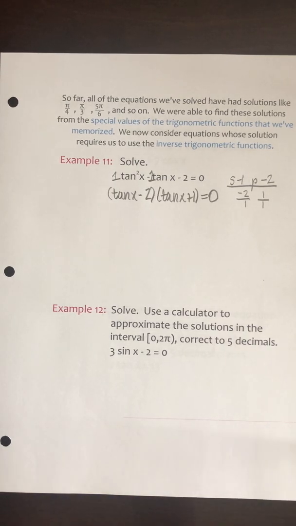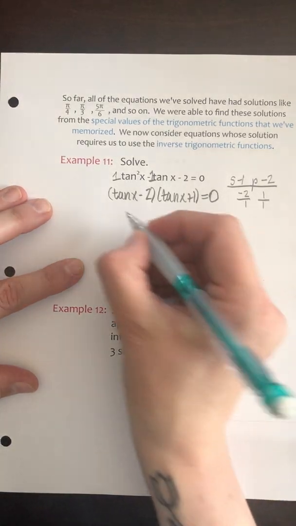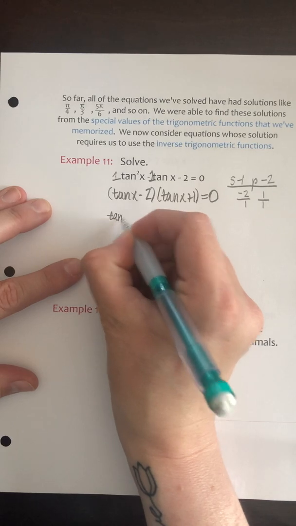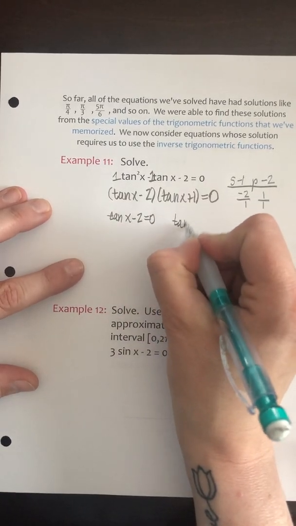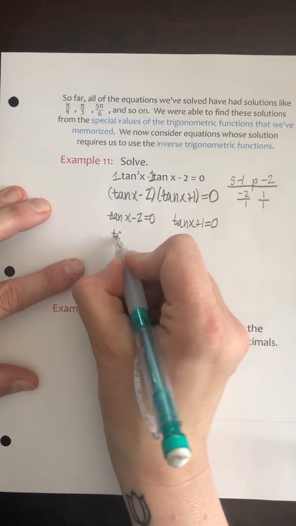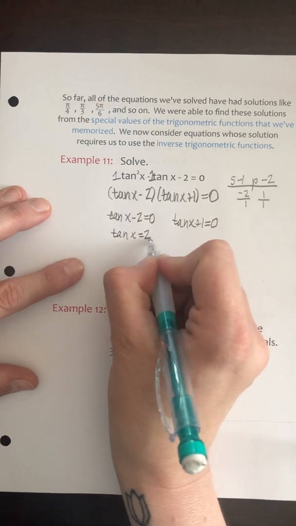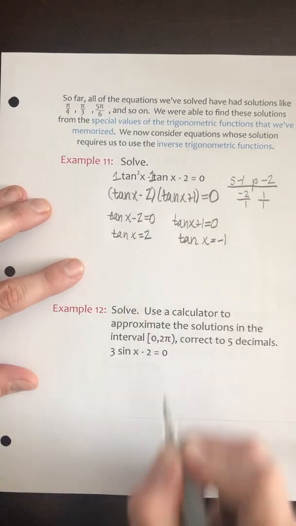If you feel comfortable with just jumping straight into factoring, that's fine too. I will let you decide which one you feel more comfortable with. So now we're going to take each of those factors and we're going to set them equal to 0. So for the first one, we get tangent x equals 2. For the second one, we get tangent x equals -1.